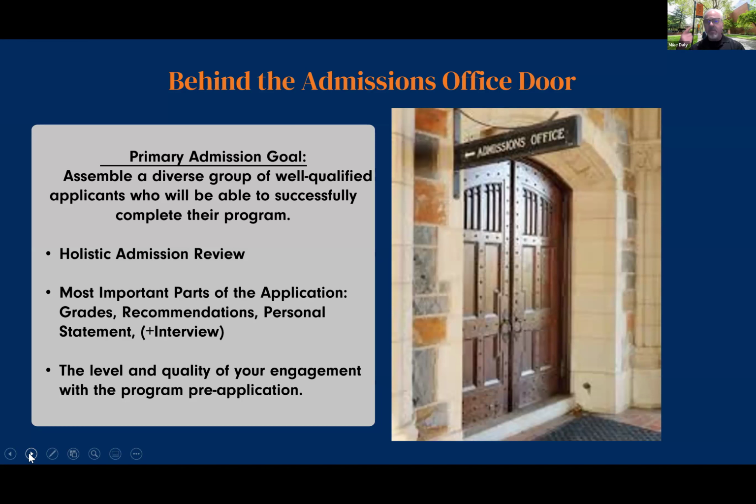Start thinking early about who those recommenders are going to be for you, and position yourself well with them, so that if they don't know you as well as you would like, that's your opportunity to get them to know you better than they do now.